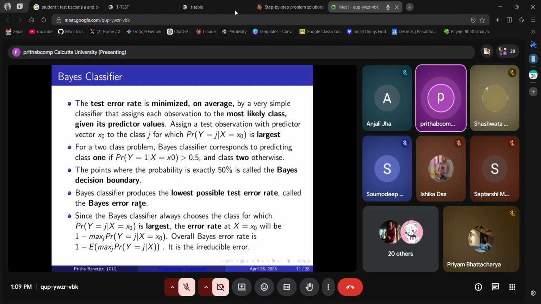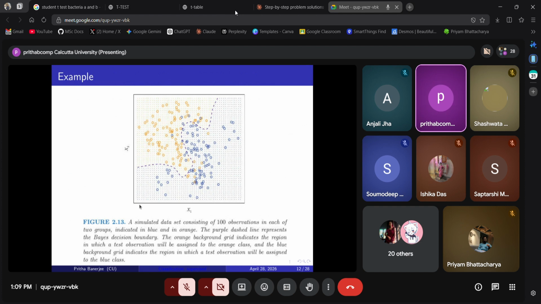Now we will go into this Bayes classifier in a little more detail. But just before that, here is a simple example of what the Bayes classifier can do. It is simulated data from the book that consists of 100 observations in each of the two groups, one orange and one blue.